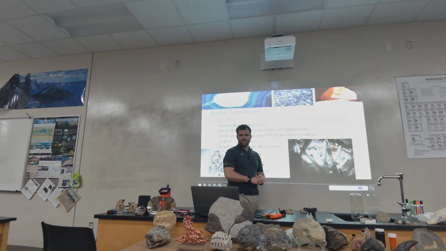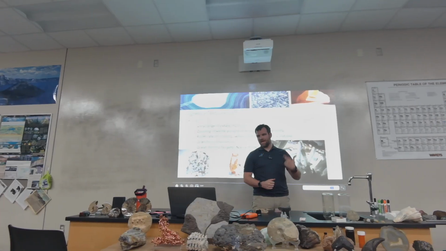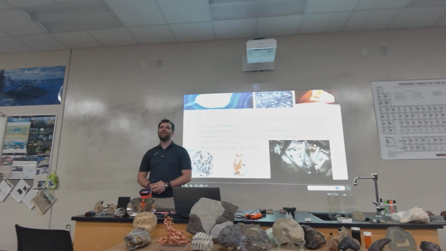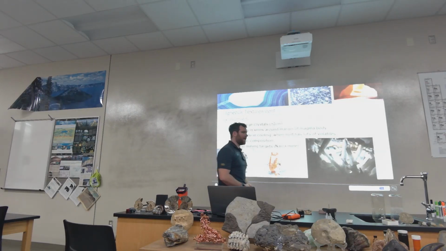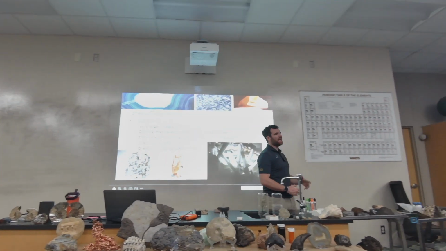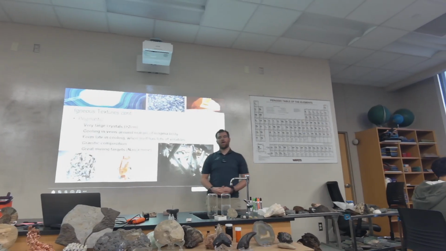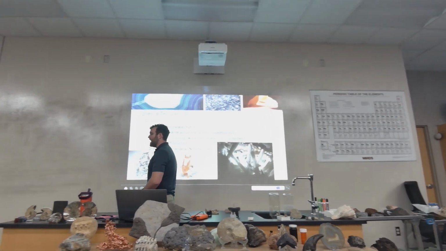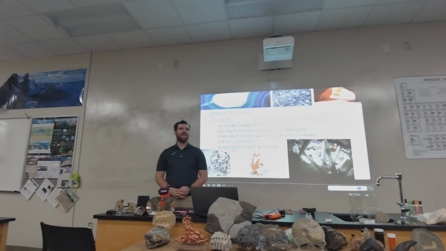Okay, and the final texture is pegmatitic. A pegmatite is a structure that will form at the very end of a magma chamber's life. A magma chamber is a body of magma that exists underground. As they cool off, their chemistry changes.